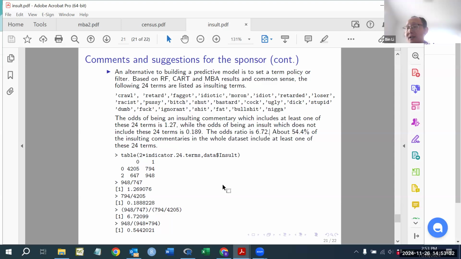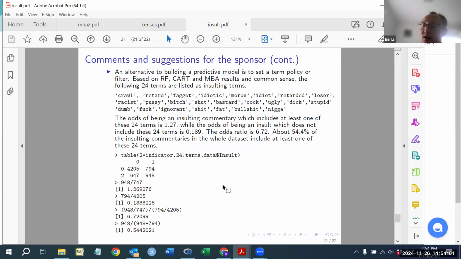So that means the chance of a comment being insulting if it includes at least one of these 24 words is much, much higher than the chance for a comment that does not include these words. And the ratio is over 6.7 times.